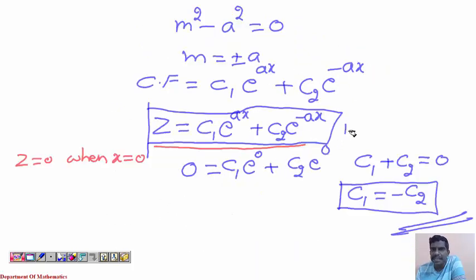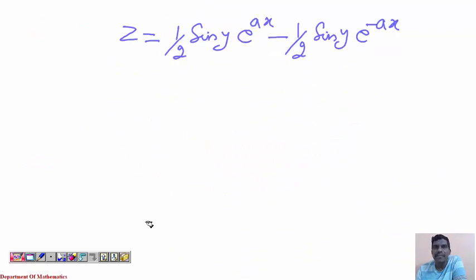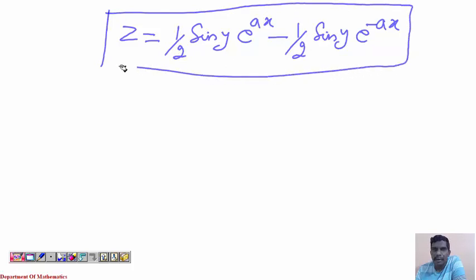In this general solution, we'll get the solution of the given partial differential equation, which is homogeneous, under the condition when z is equal to 0 and ∂z/∂x is equal to 0 when the value of x is equal to 0. This is the way we find the solutions of the partial differential equation.